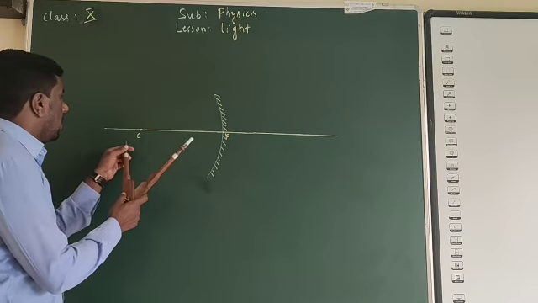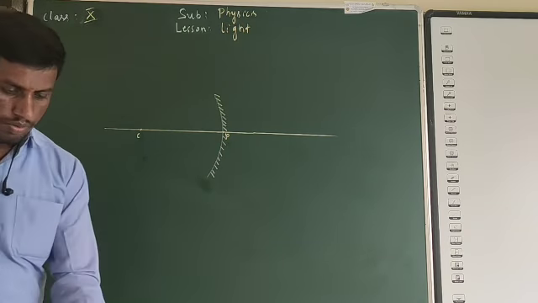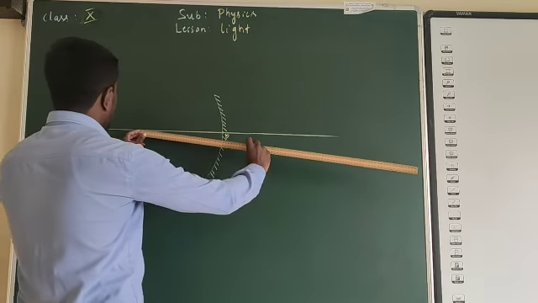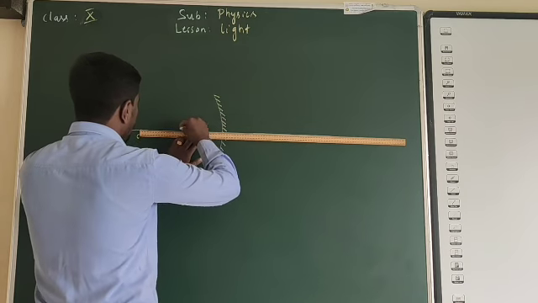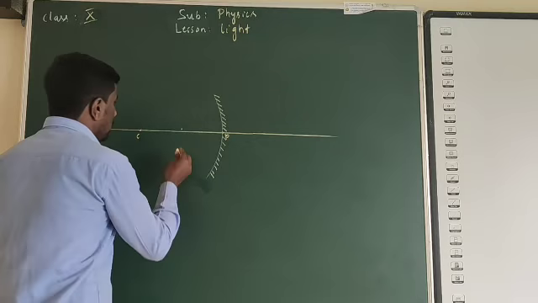So we'll locate the principal focus now by cutting it into half. We have exactly 30 centimeter, we will cut it into half. So that will be the principal focus.